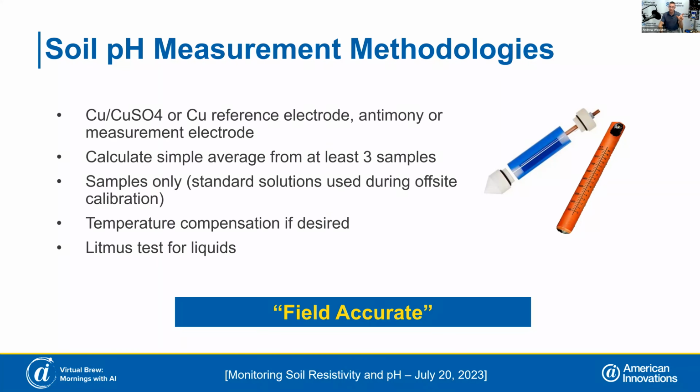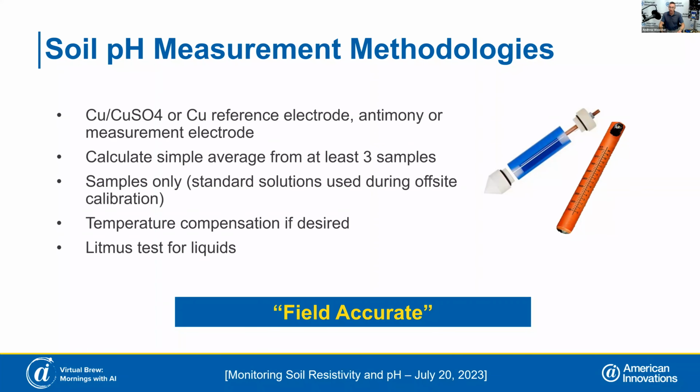Basically, a voltage is generated when you put these two reference materials in the soil. A voltage potential is generated between those two reference materials, and that voltage can then be translated to a pH level. And again, you want to get multiple samples for a given area, just so you can get a general idea, and you can then average that out and track that over time.